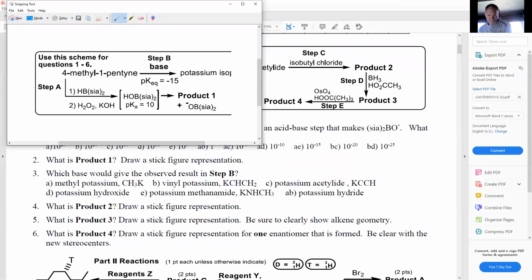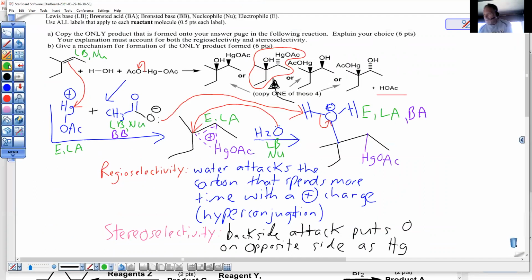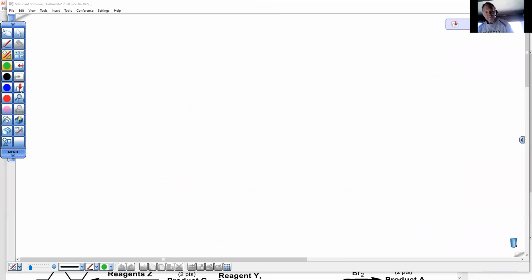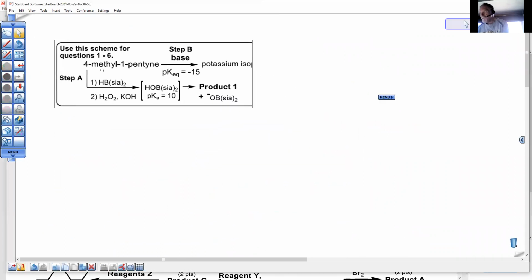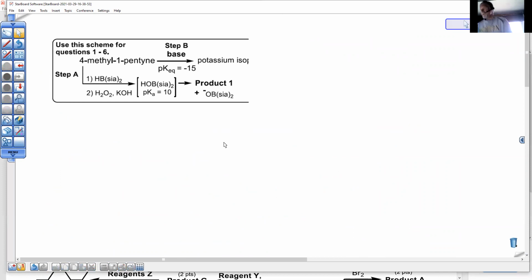And we'll go back over here. And we need a new page. Okay, so what's happening there is the HOB Sia2 is losing its proton to product 1 and 4-methyl-1 heptyne. I believe we did this one the other day.